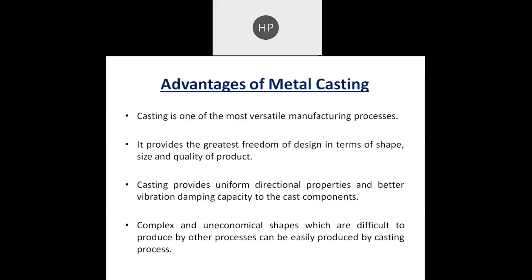Then we have talked about certain advantages of casting. It is the most versatile manufacturing process. It has the greatest freedom in design, shape, size, and quality. It has uniform directional properties. Complex and uneconomical shapes can be easily made.